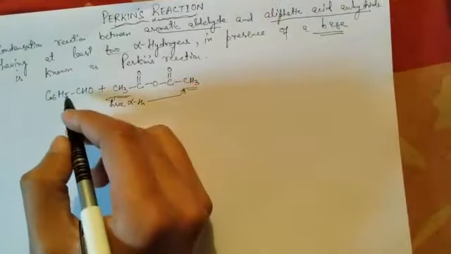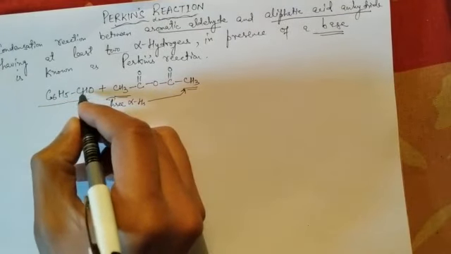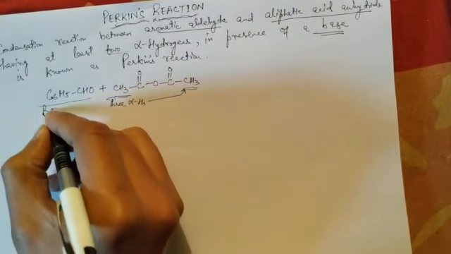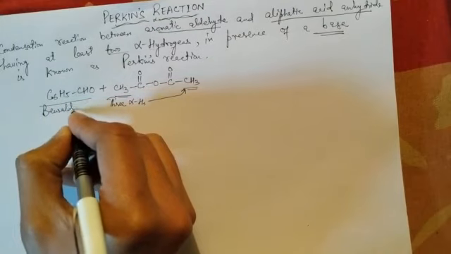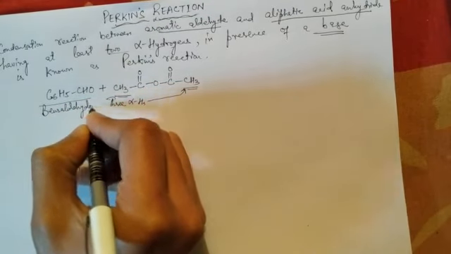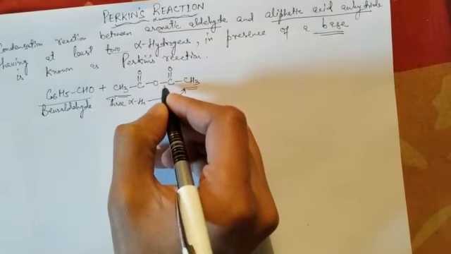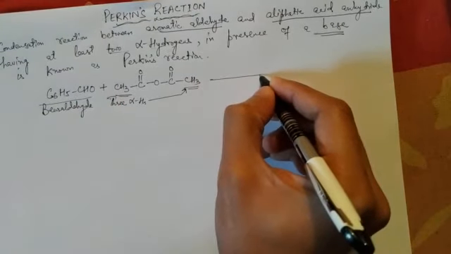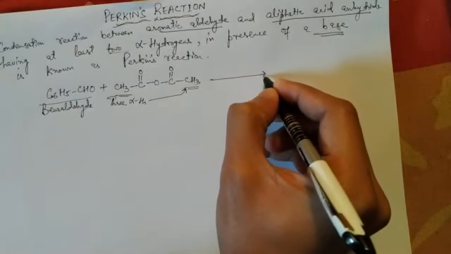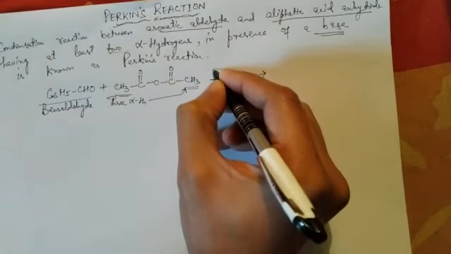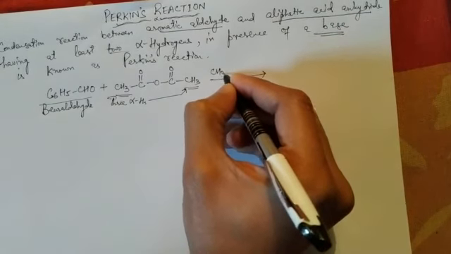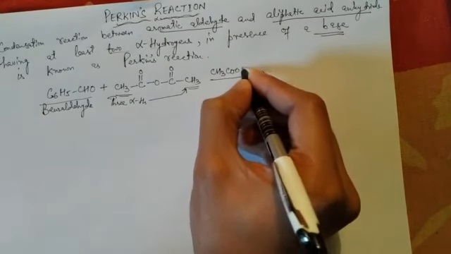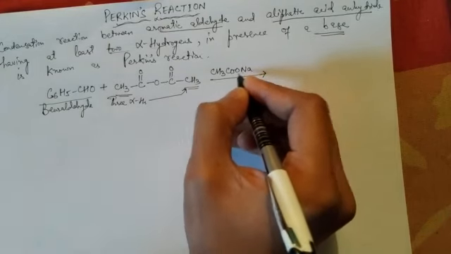So the reaction is between the aromatic aldehyde, here benzaldehyde, and the acid anhydride in the presence of a base. For example, here we are taking CH3COONa, sodium acetate.